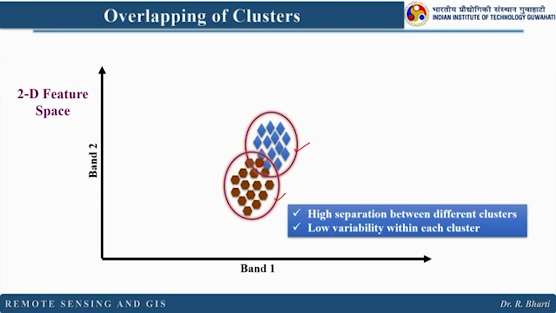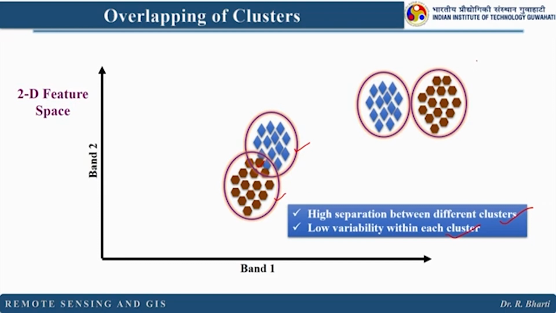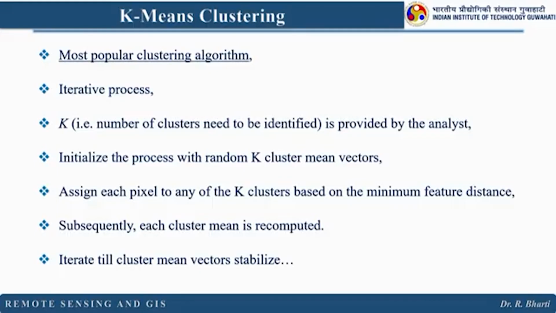So here high separation between different clusters is required, low variability within each cluster is required, right? So in the standard case or the ideal case, this is the scenario, but in the natural case this will be the scenario. So let us see the k-means clustering algorithm.